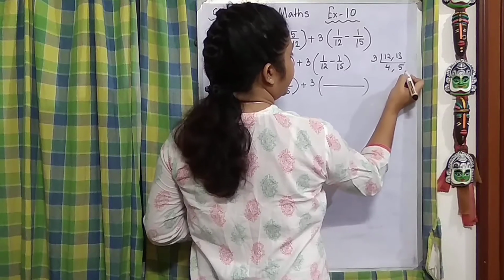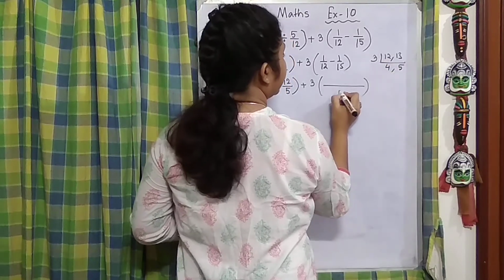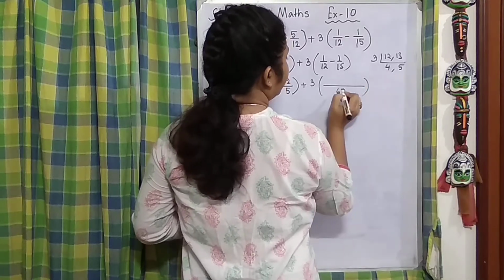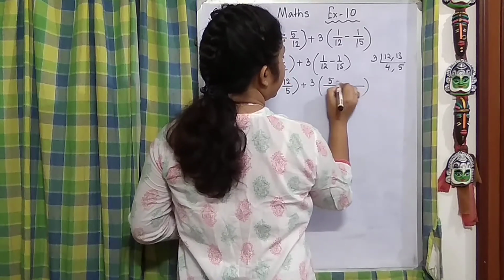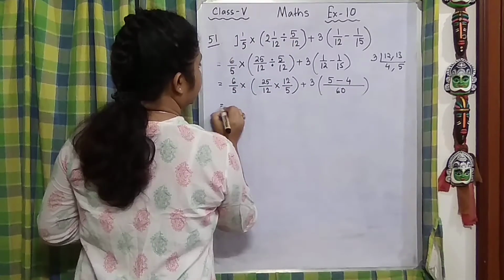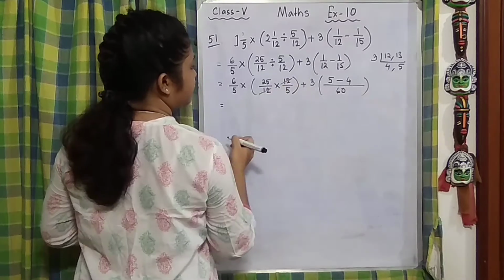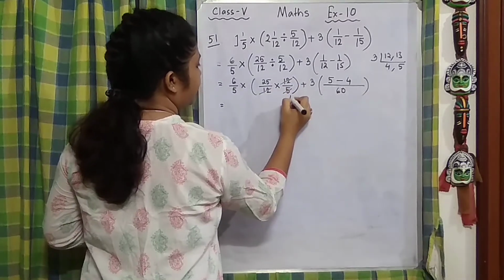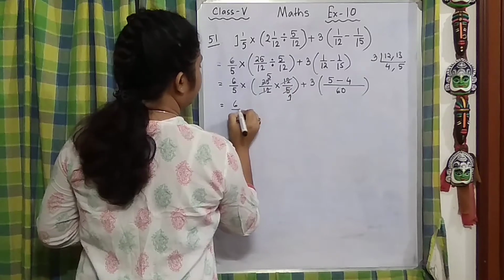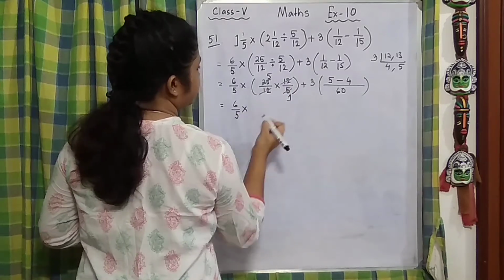So 4 5s are 20 into 3, 60. So 12 5s are 60 and 15 4s are 60. So here 12 is cancelled out with 12, 5 on the 5, 5 5s are 25. You see how short this kind of bigger sum can be?